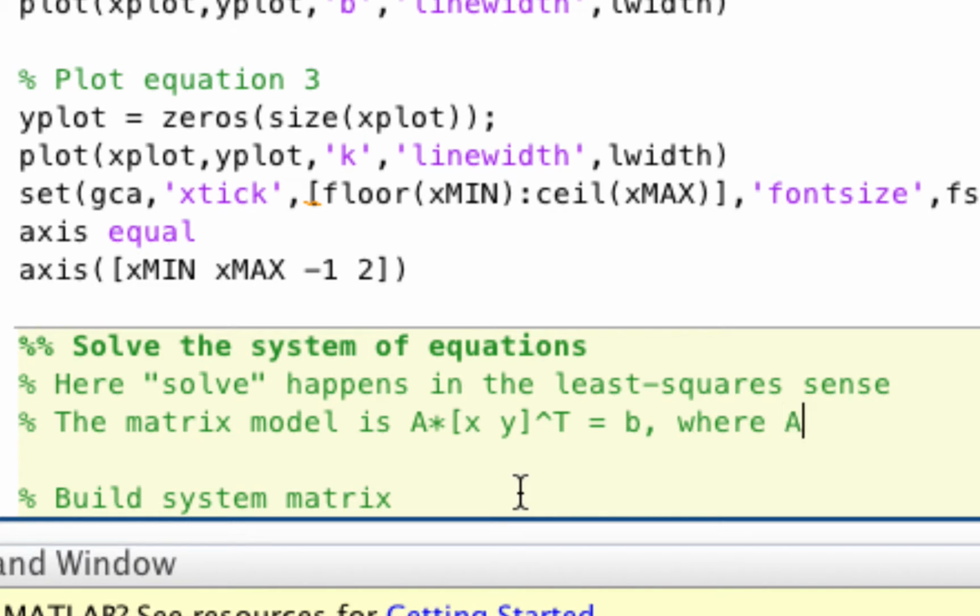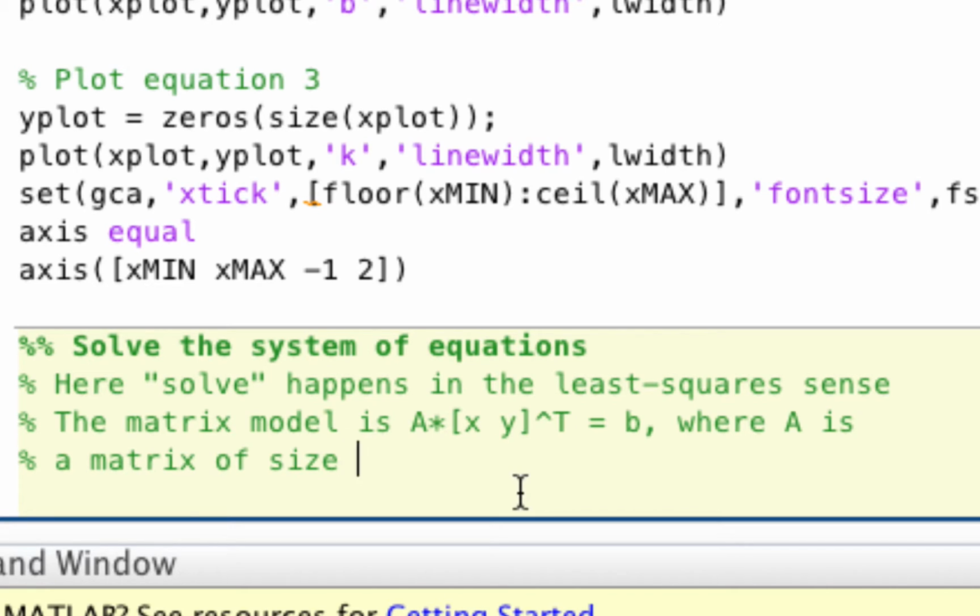So where A is a matrix of size, so what's the size? What do you think? How many rows in A? How many columns? Okay, I'll give you a hint.